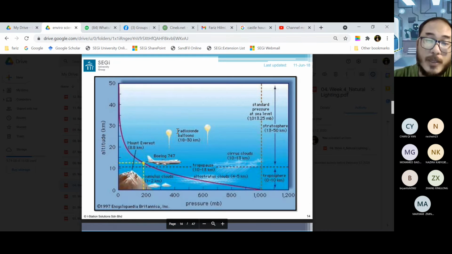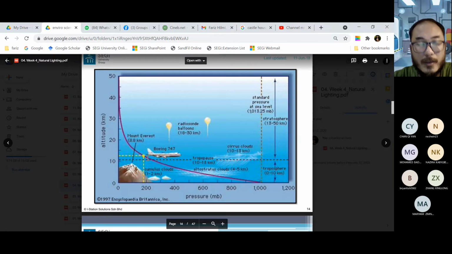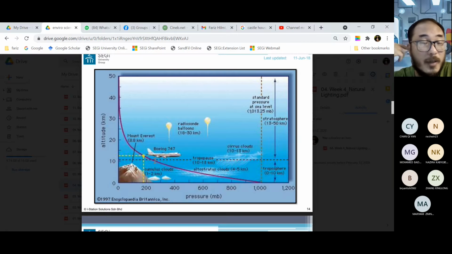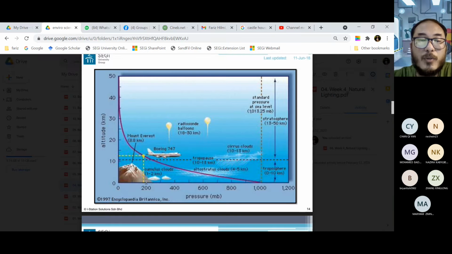So atmospheric pressure is something like this. I believe some of you have experienced it when you take off in a flight, where you suddenly felt a loss of pressure in your ear. That is the pressure change. Besides that, because you are walking on the land surface, you don't feel it that much.